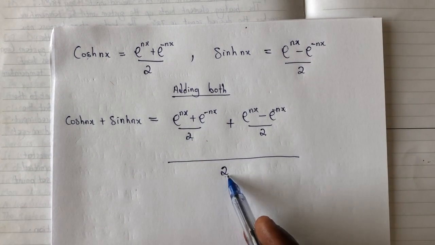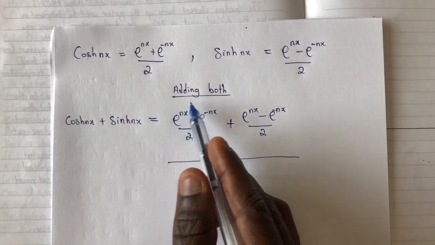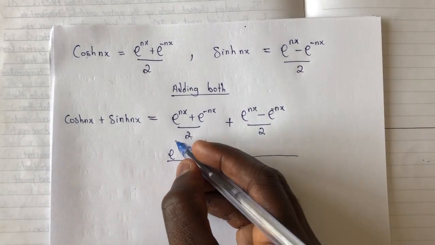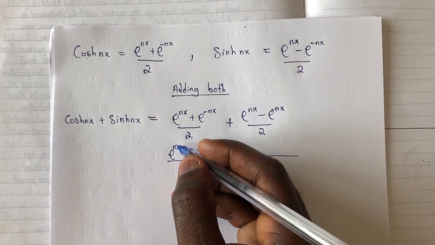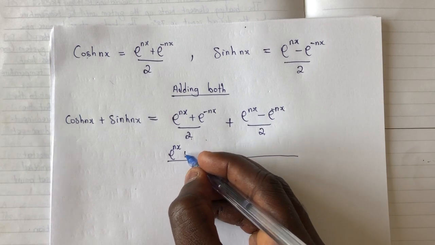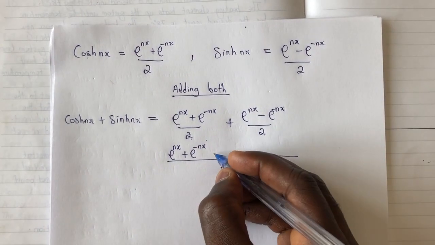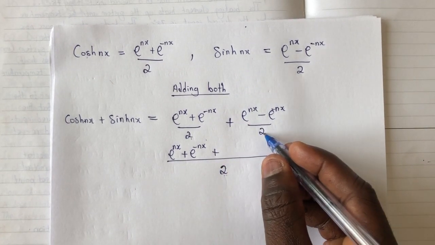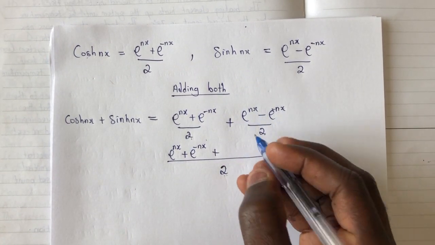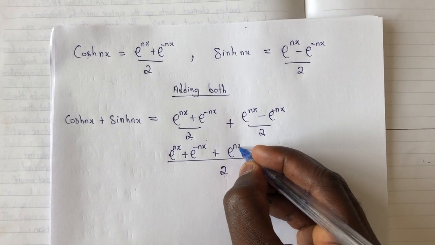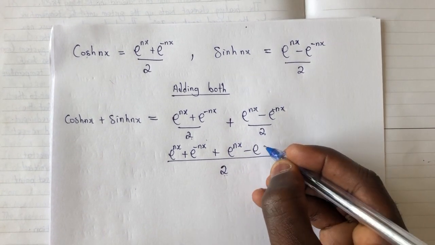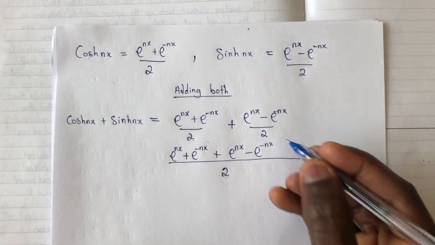2 will go into this one, 1. 1 times the numerator will give me the same thing, e raised to the power nx plus e raised to the power minus nx, plus this. 2 will go here, 1 times everything here will give me e raised to the power nx minus e raised to the power minus nx.